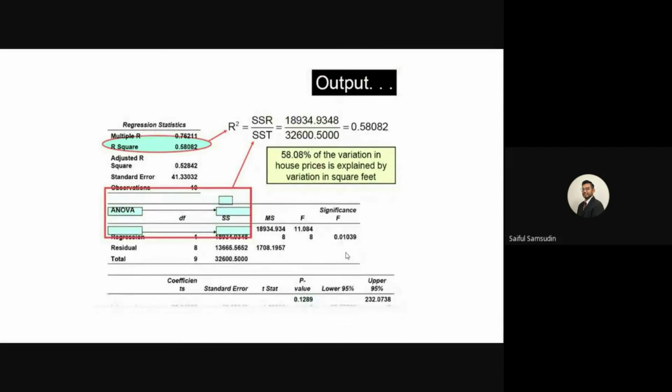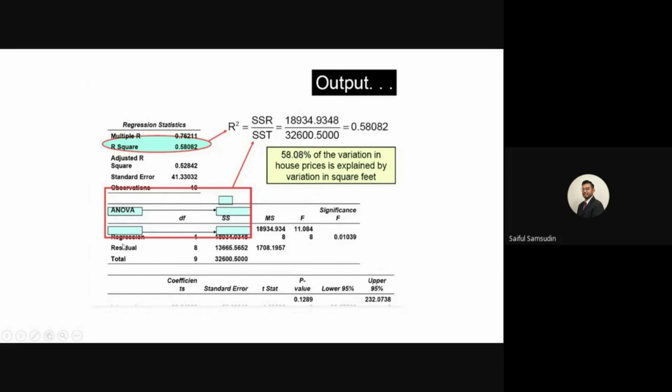So R square, how do we get this 0.58082? SSR divided by SST. We can see the SS in the ANOVA box.